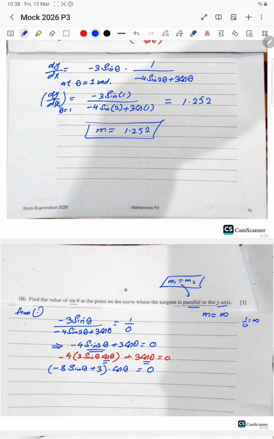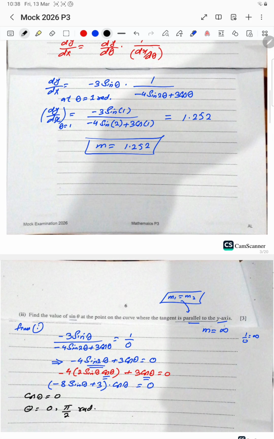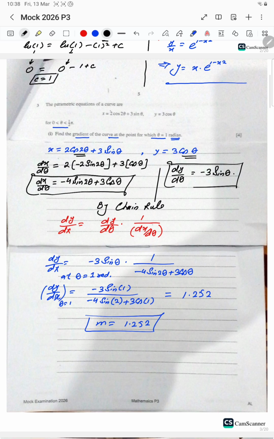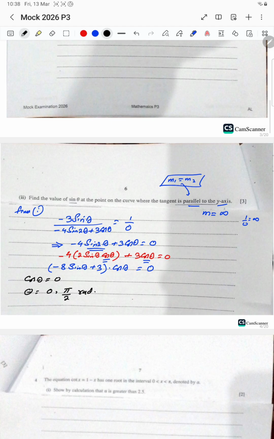So I have two options. Either cos theta is 0, so theta can be 0 radian, or cos is 0 at 90 degrees, pi by 2 radian. We have these two, but these are out of the domain given in the original question. Here it is given that theta lies between 0 and pi by 2, not exactly 0 or pi by 2.